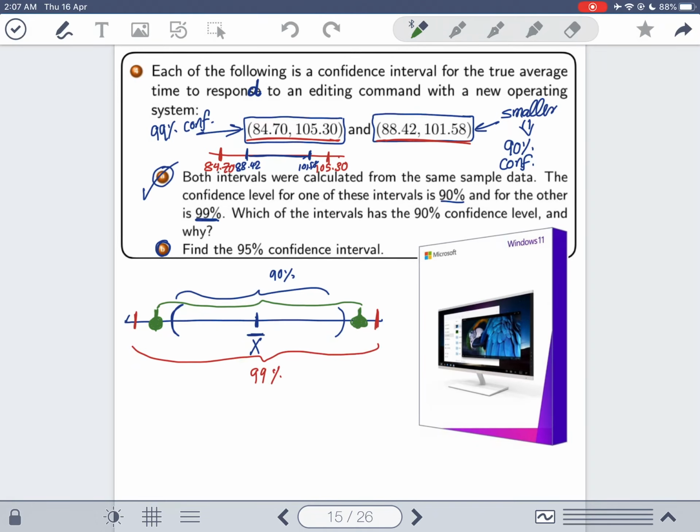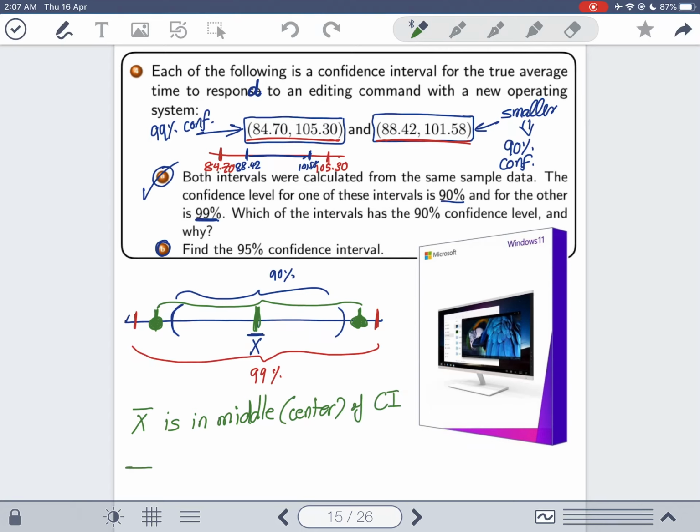But the easiest way to do it is first, let's ask ourselves, do we know X bar? Well, what you know is that X bar is always in the middle, or the center of the confidence interval.